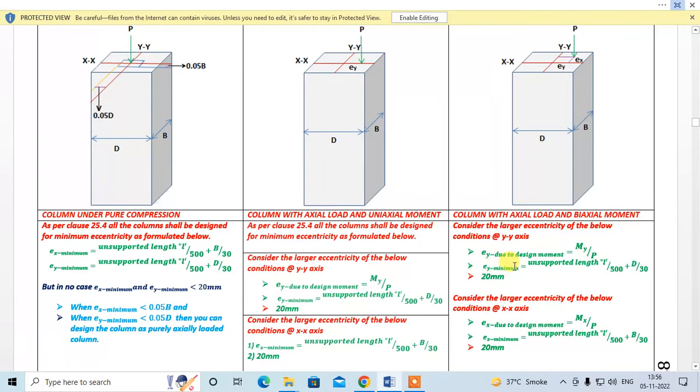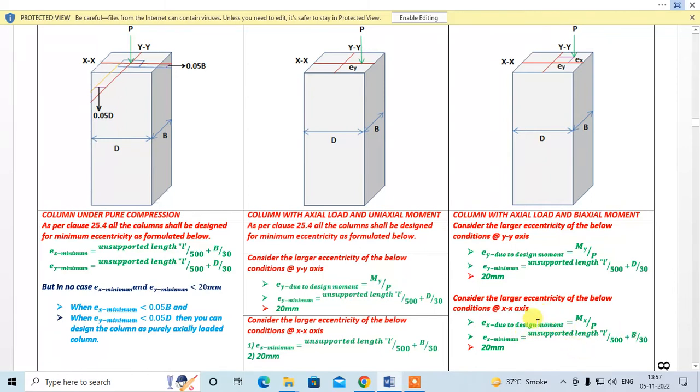Find ey minimum. Take the larger one, which should be greater than or equal to 20, otherwise you will have to at least take 20. Over here, again find ex due to design moment Mx by P. Find ex minimum.